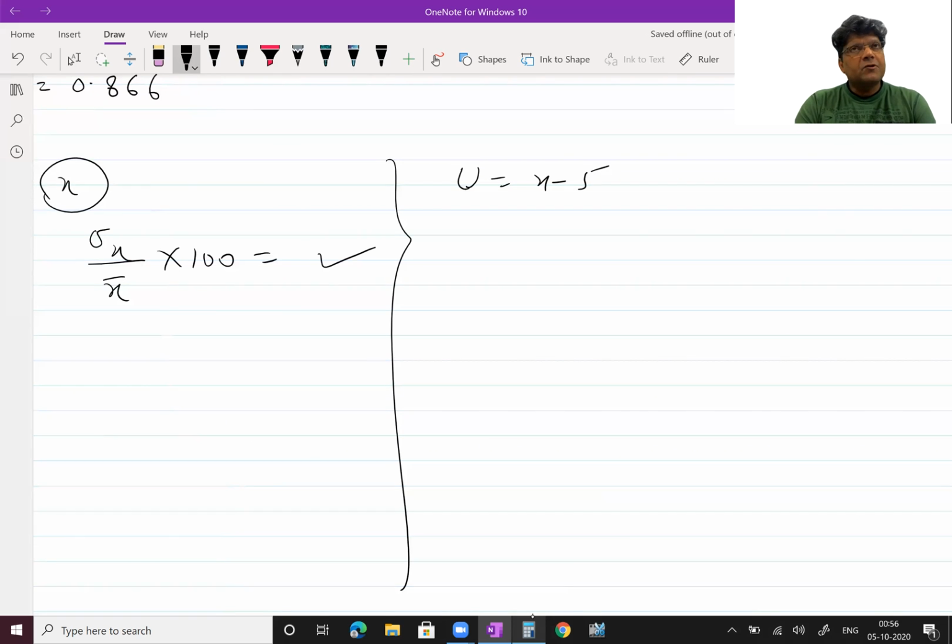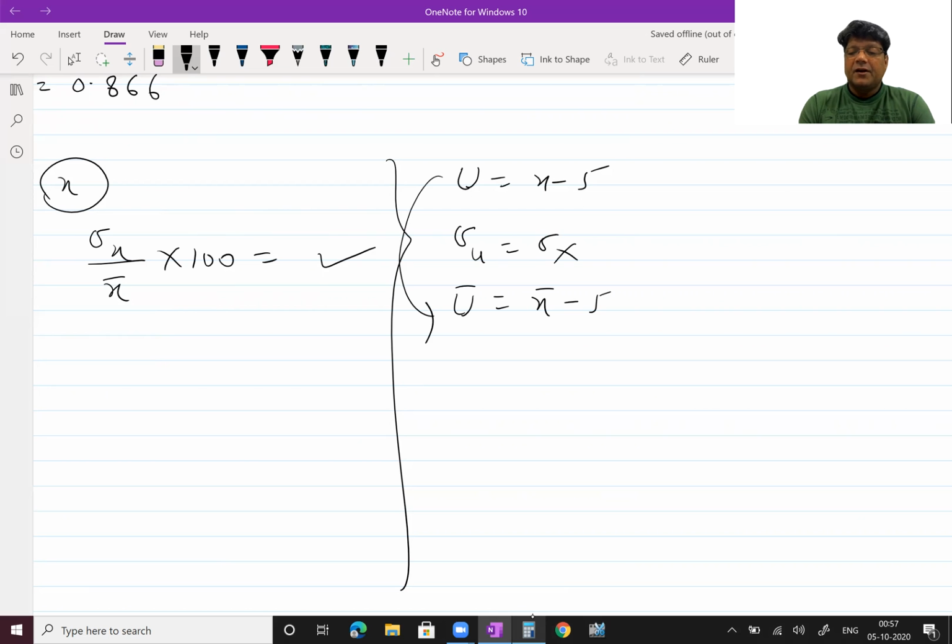Then sigma u will be equal to sigma x only. Standard deviation will remain the same because standard deviation is independent of change of origin. But u bar will be equal to x bar minus 5.